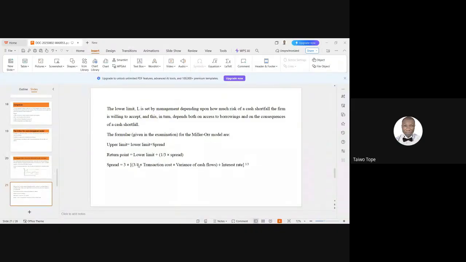So the square root of variance is standard deviation.